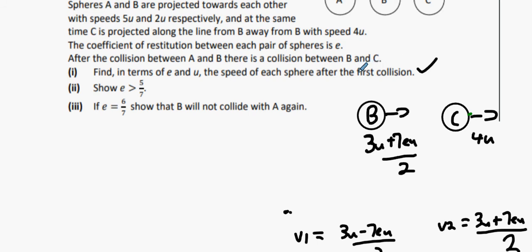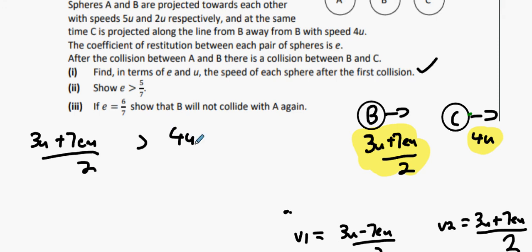So what does that mean? If there's a collision between B and C, what does that automatically mean? B has to be faster than C. Is it allowed to be equal? No, if it's equal, then it never catches it. It has to be faster. So (3U plus 7EU) over 2 is bigger than 4U.